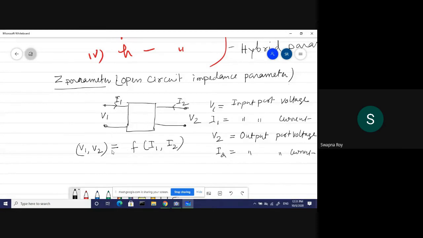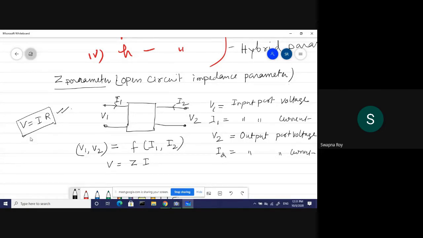So what we know is that V is equal to Zi. V is equal to IR, right? In resistive circuits, that is in DC.